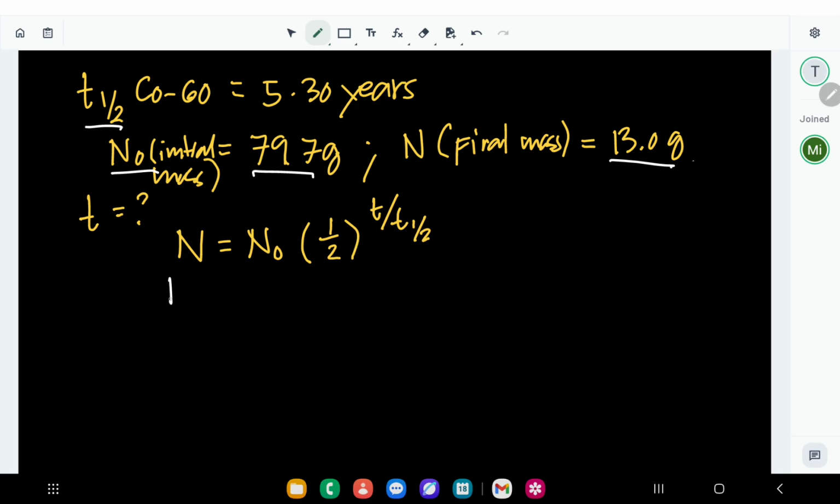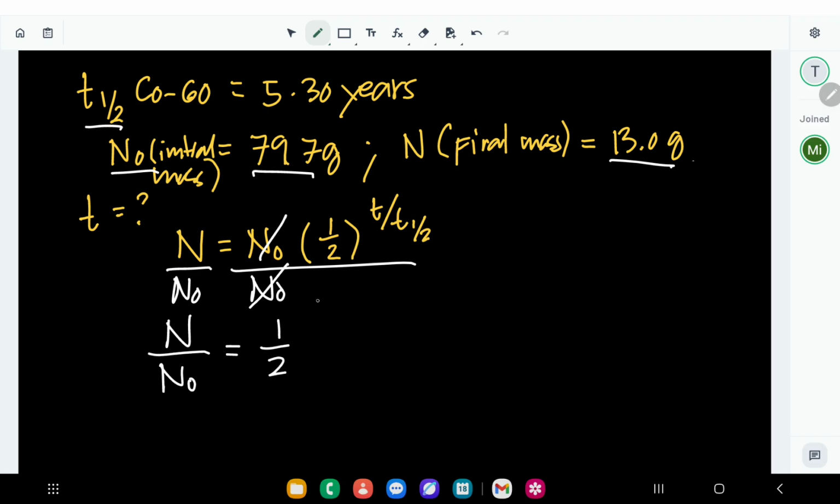So we plug in here. We derive the formula first. We divide both sides by n sub o, initial. So we get n over n sub 0 equals 1/2 to the t over t 1/2. The t 1/2 is the half-life.